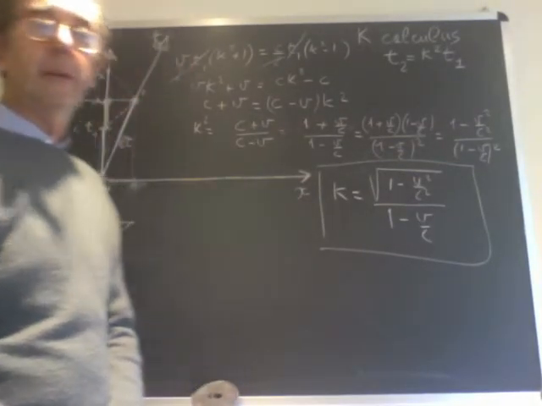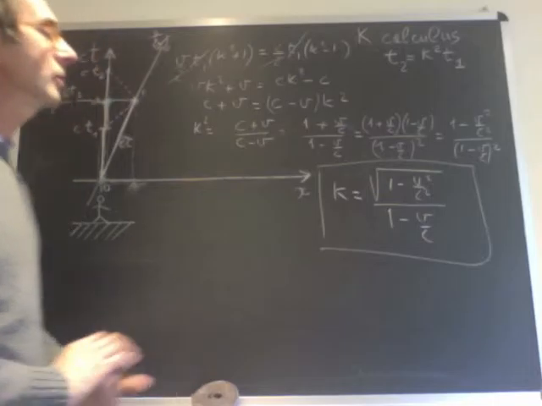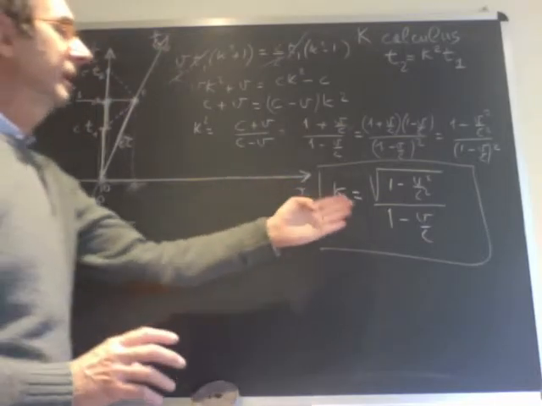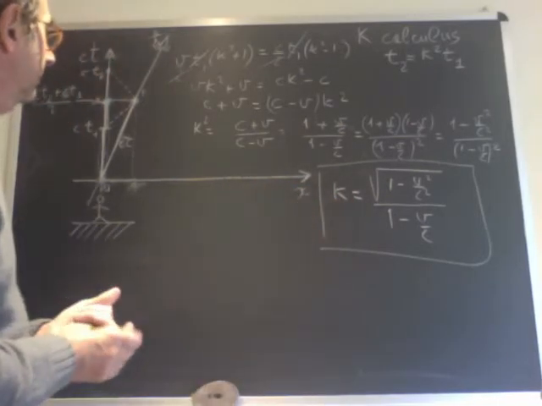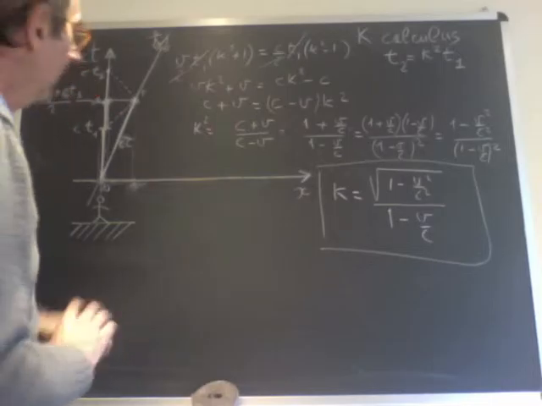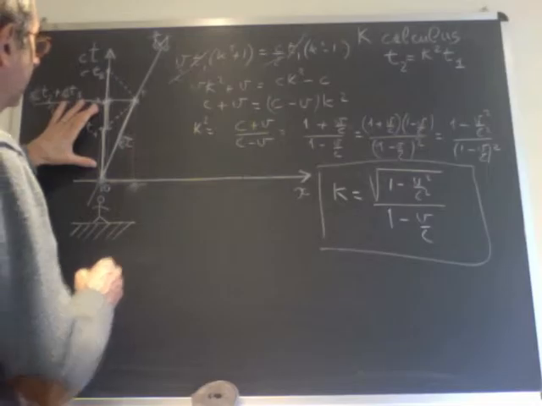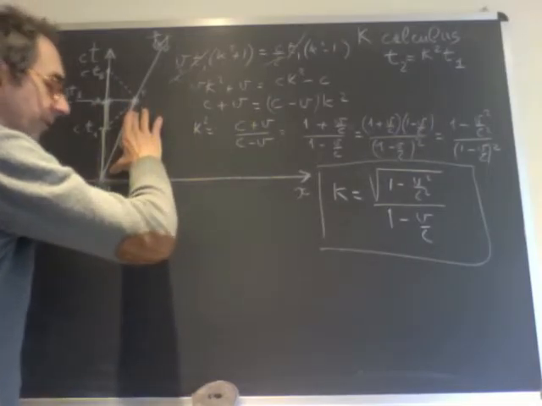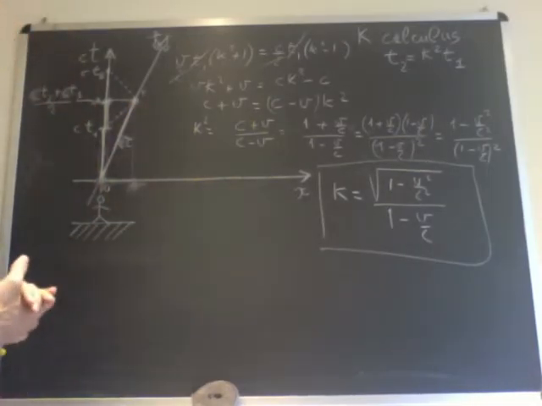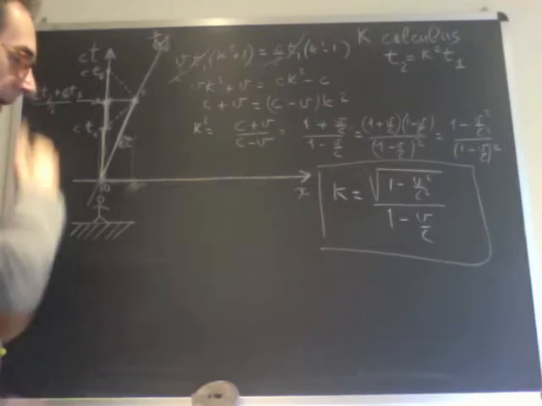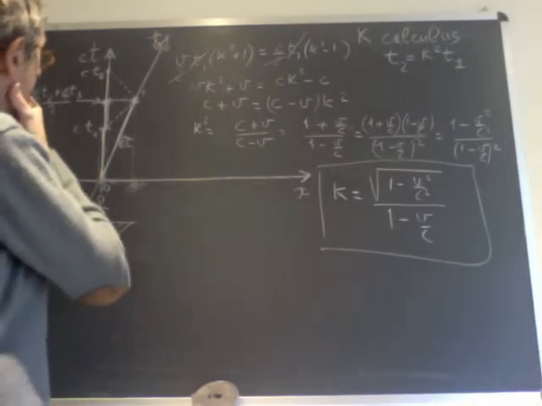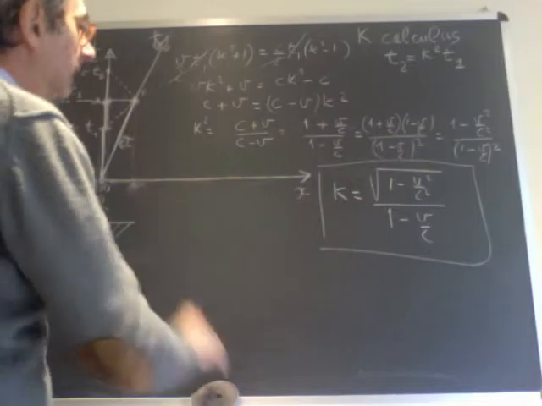As a first example, we want to use the k factor to calculate the ratio between the Earth time and the proper time on board of the rocket. We can do it as follows.